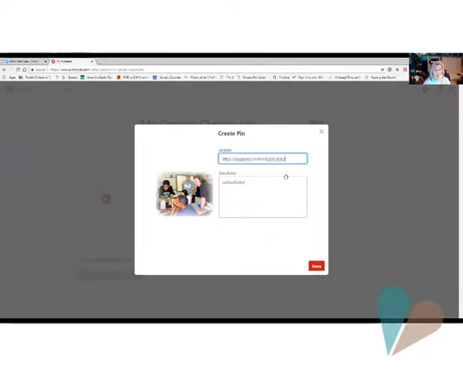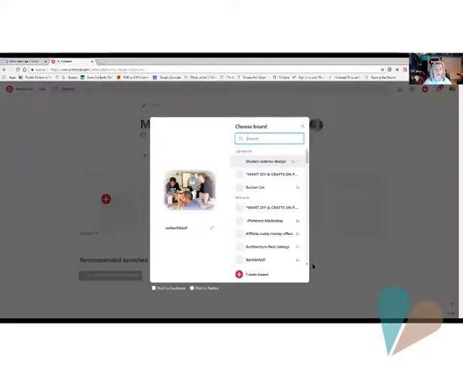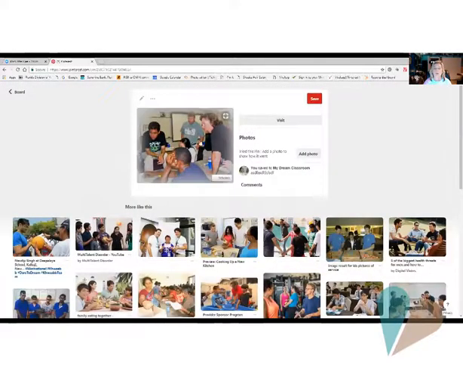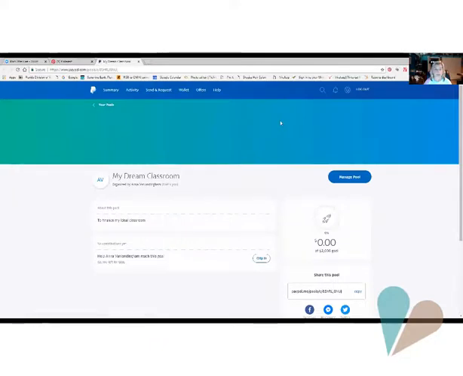And so you could put that URL there. And so as a result, when people take a look at this pin, they can click on it and look right here. They could donate money to help you to provide more resources to your students.